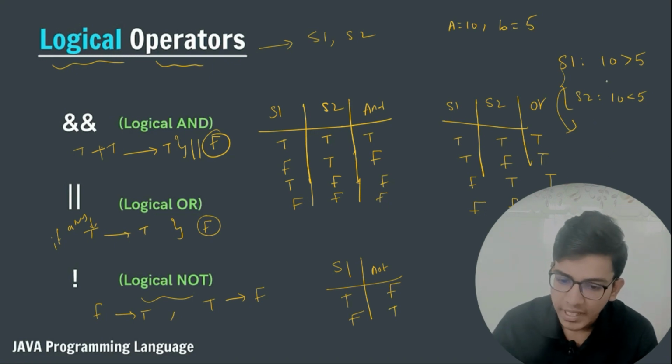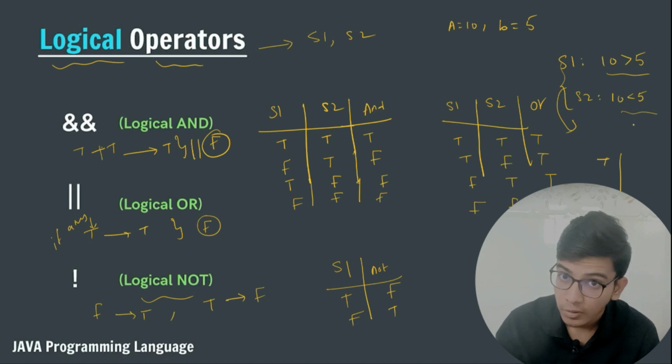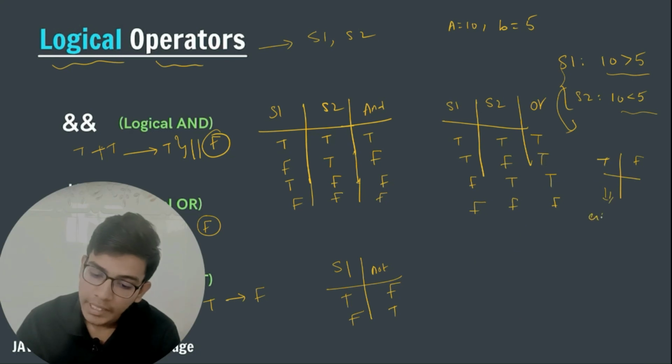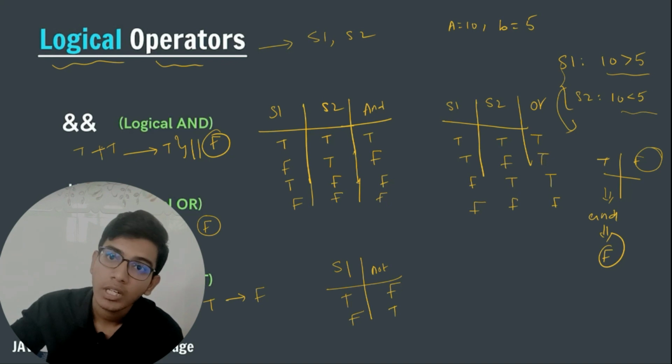Here 10 is greater than 5 is true, and 10 is less than 5 is false. Then and will give us the answer false, because one of them is false. Remember, to be true, we have to get two operands or two statements to be true. If both statements are true, then and only then will and give us true.